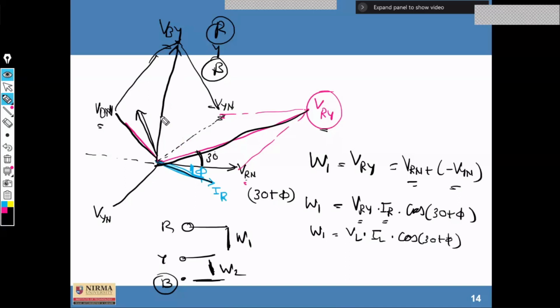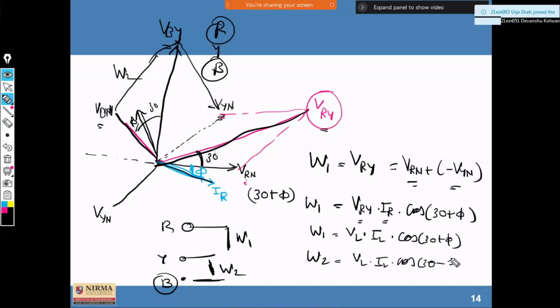Here the total angle is 30, this angle is 5. So 30 minus 5 would be there for wattmeter W2. So W2 can be written as VL into IL into cos 30 minus 5. Agreed? Equation 1 and equation 2.